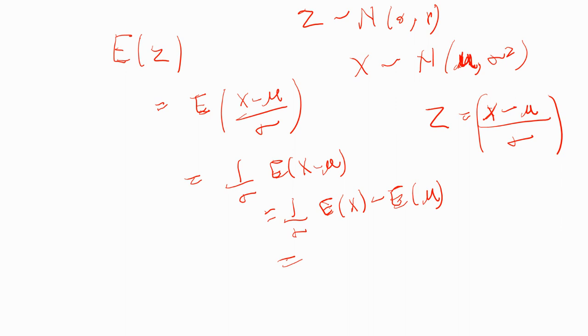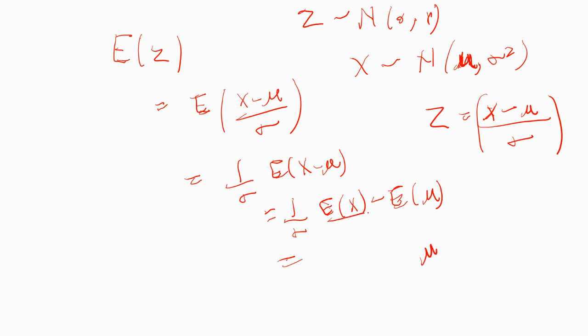So, what is the average of a constant term? Like if you have just 2 as a number, then its average will also be 2, because this is one number. If you take the average of two numbers like 2 plus 3, then it will be 2 plus 3 divided by 2. So it's just one number, the expectation of mu. Mu is constant, so it will be just mu.